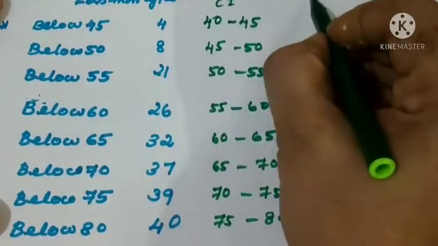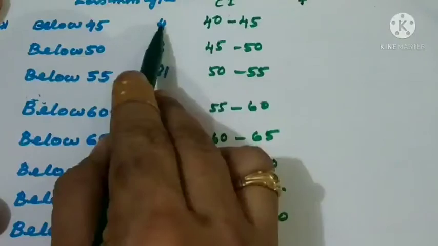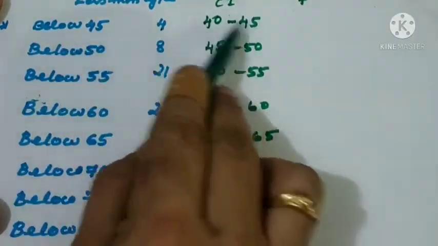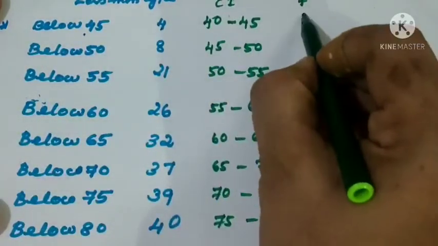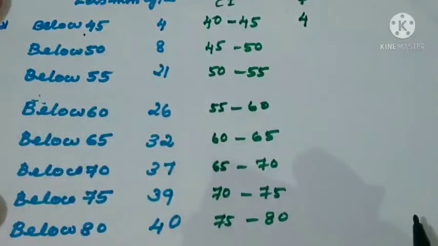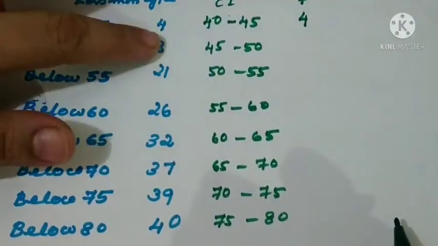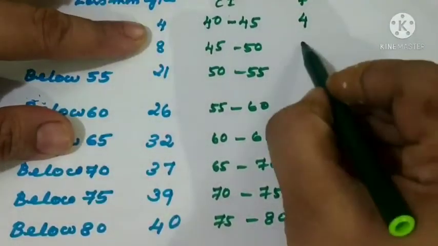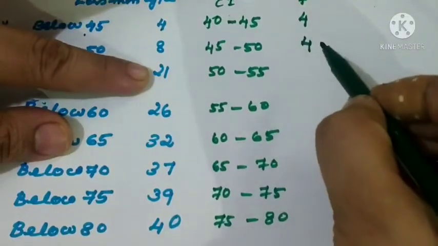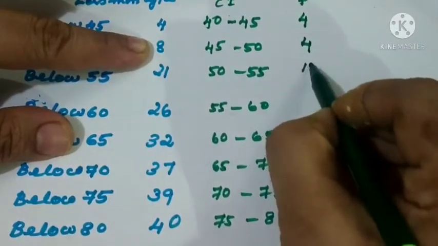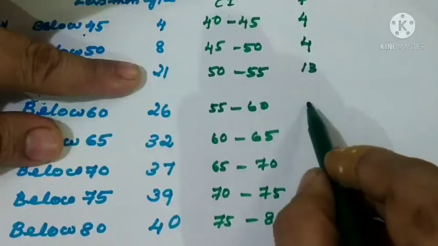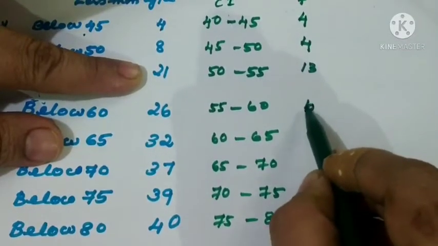Now what is the next step? Frequency. So 4 is the first one, 40 to 45, nothing to be done, the 4 is taken down as it is. What is the next step? 8 minus 4, it is equal to 4. 21 minus 8, 13. 26 minus 21, it is 5.